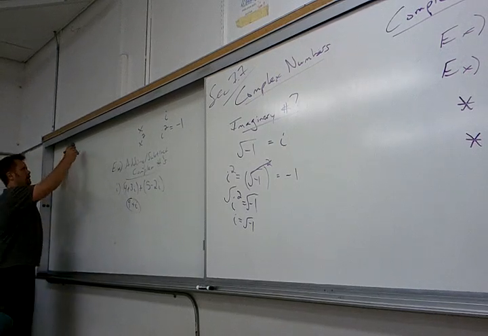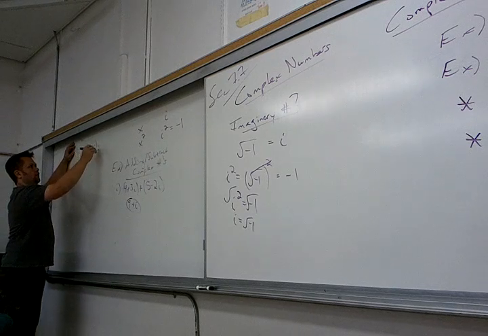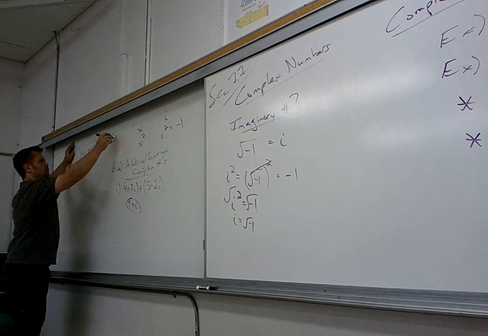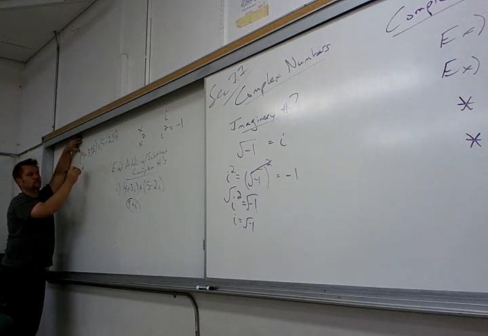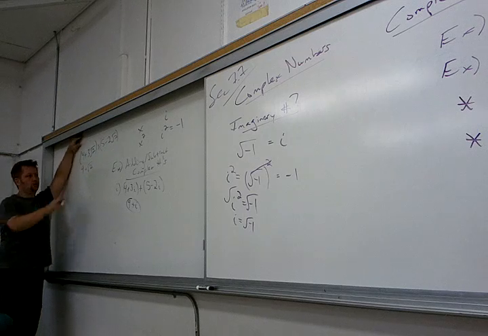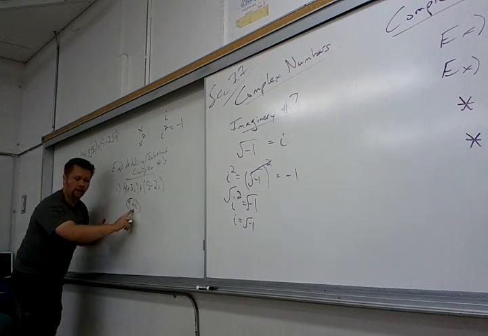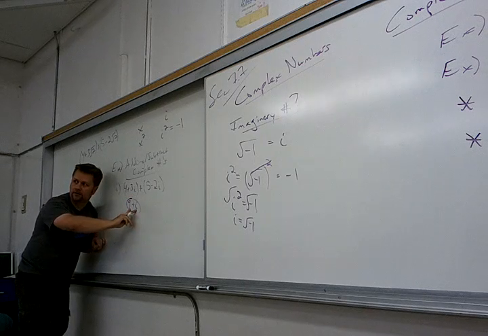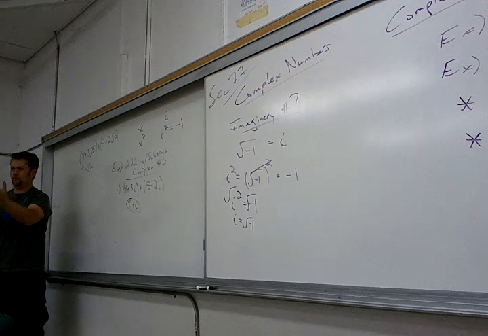Remind me, what's 4 plus 3 radical 2 plus 5 minus 2 radical 2? 9 plus radical 2, correct? Would you do any more with that? No. Why not? They're not like terms.